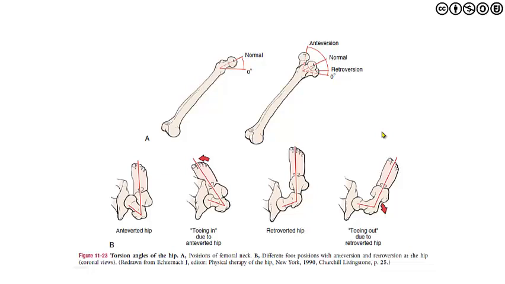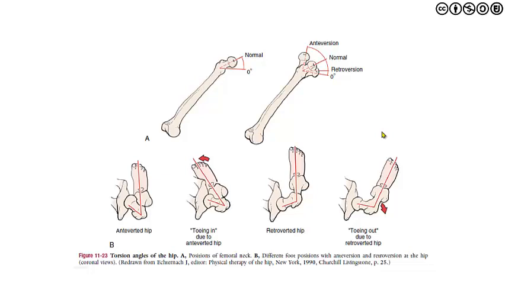But when it is in excess, we then refer to it as excessive anteversion or retroversion. And there are certain compensatory motions that arise from this change in how the orientation of the femoral head and neck exists with the femoral shaft.